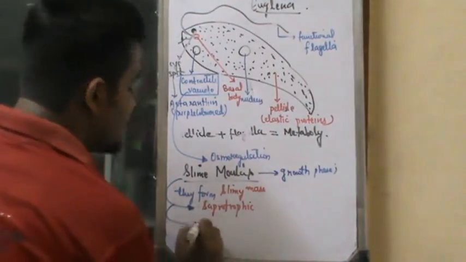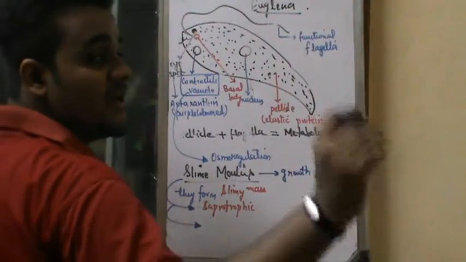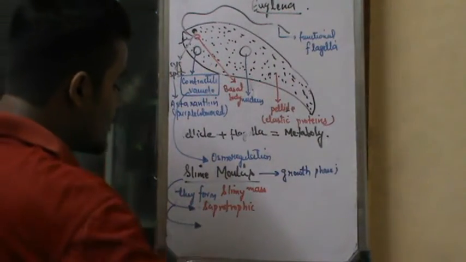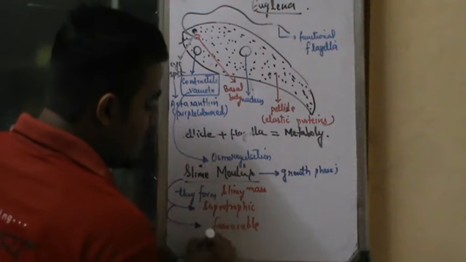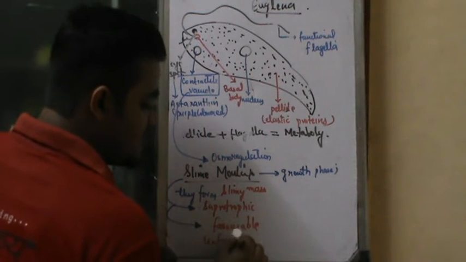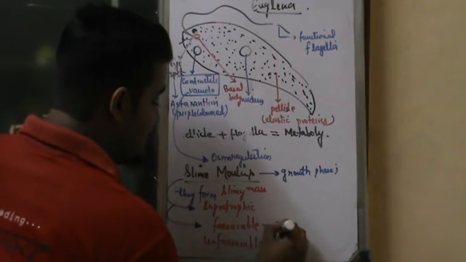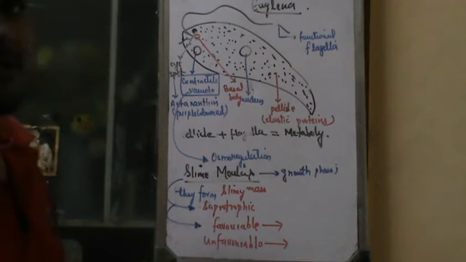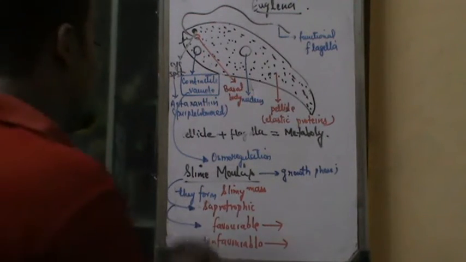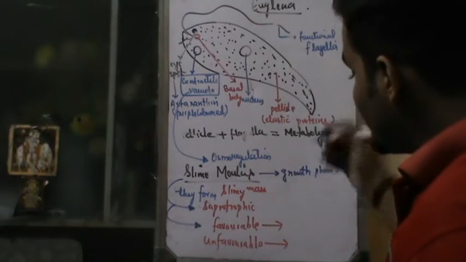In favorable condition and in unfavorable condition, the very famous question, NEET 2017, the direct question. The two questions are going to be very famous. If anything comes from this chapter and this Protista, the paper will not be made without it, this question will surely come.